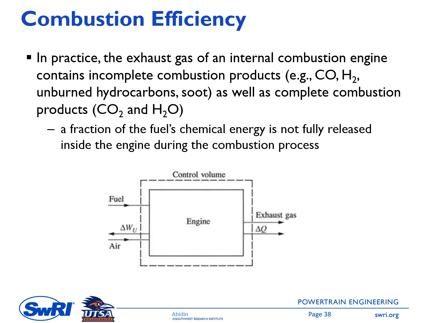This shows a schematic of the engine system. We have fuel entering the system as well as air, and then we have the exhaust gas. We might still have a small amount of fuel leaving the system because it was not burned.